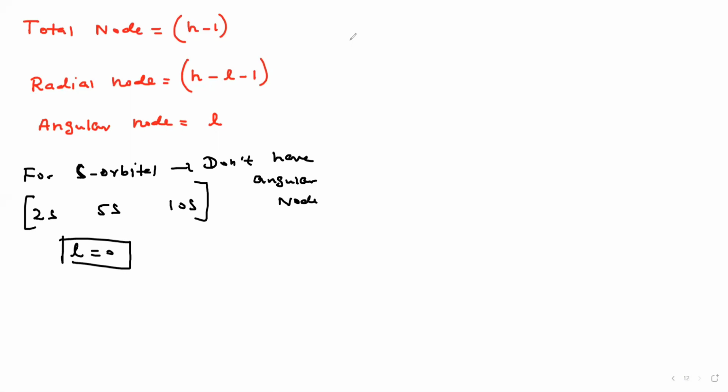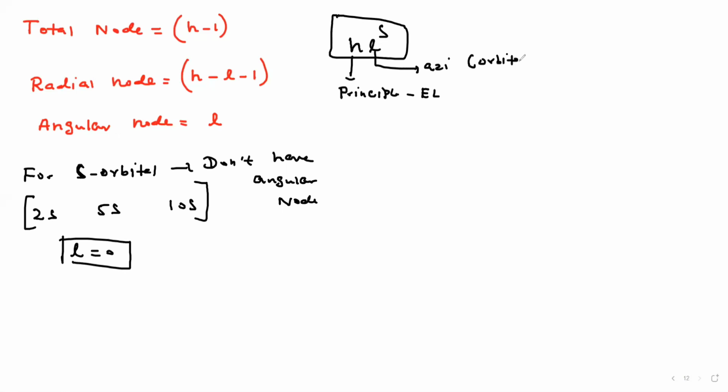See, this is a representation: n, l, and the electron count. What is n? The principal quantum number, the energy level. What is l? The azimuthal quantum number, the orbital. The superscript is the electrons. For example, I take 2s2.